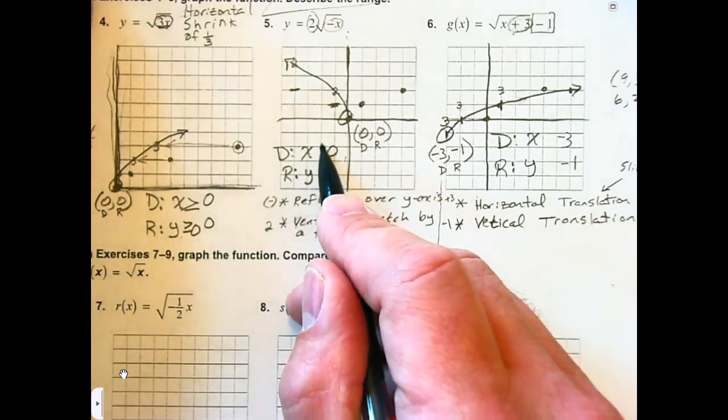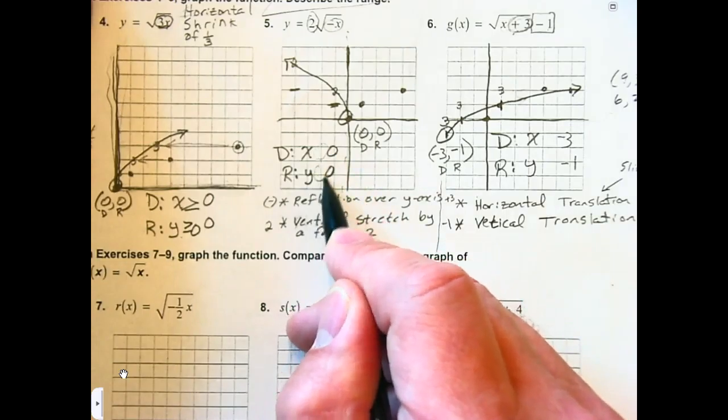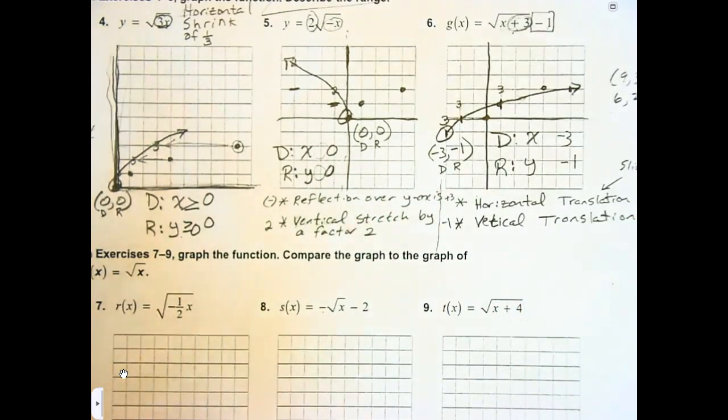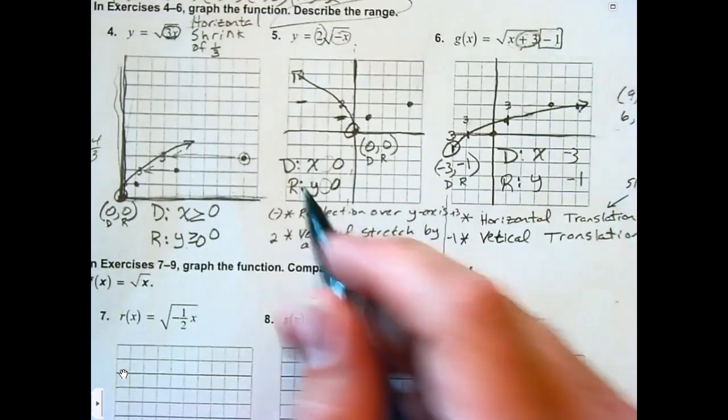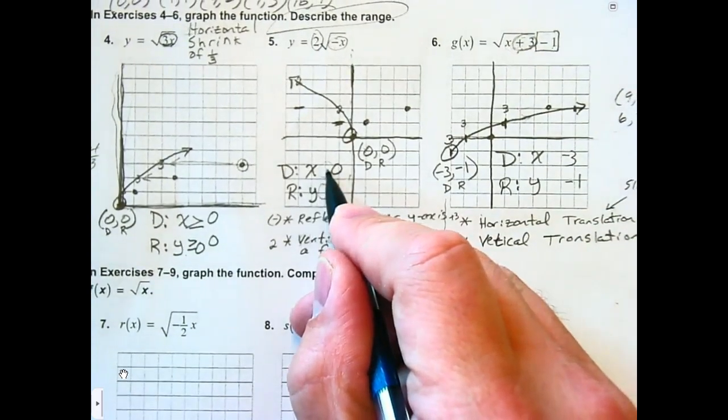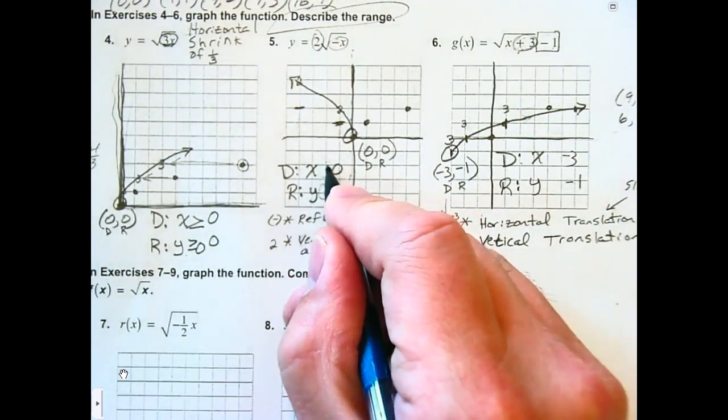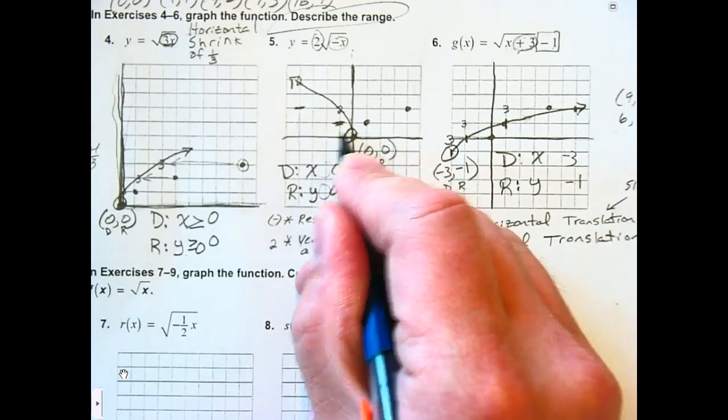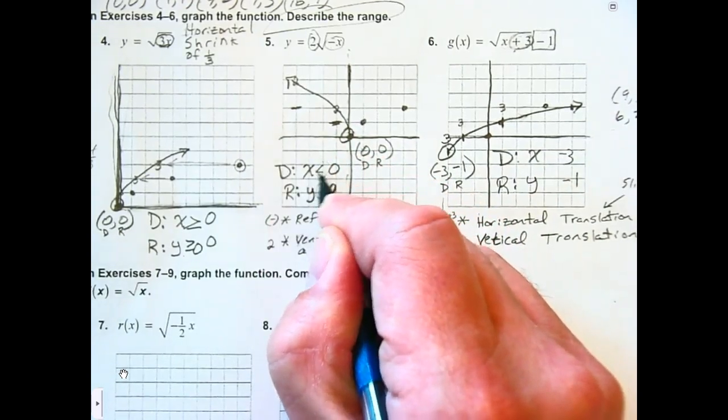Tell your neighbor what should go in for the symbols on number 5 there. Okay, what should go in right here? Good, you go to 0 and you're getting smaller, so you're less than or equal to.